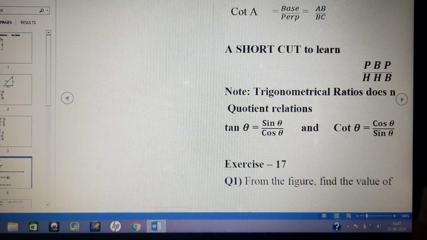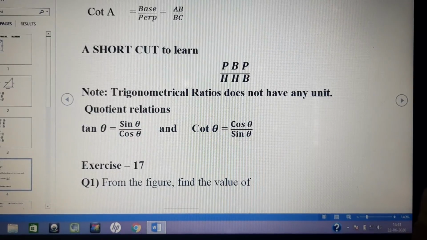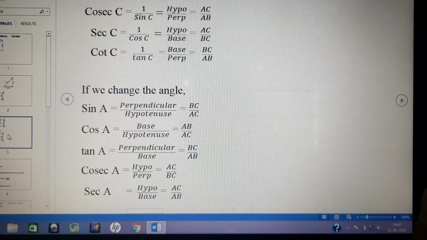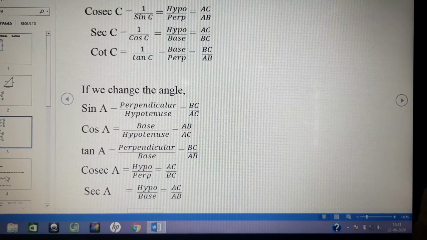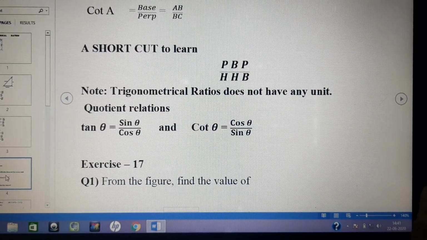Clear? These were the reciprocal relations. Now one more thing is left out. It is a shortcut to learn all these formulae.